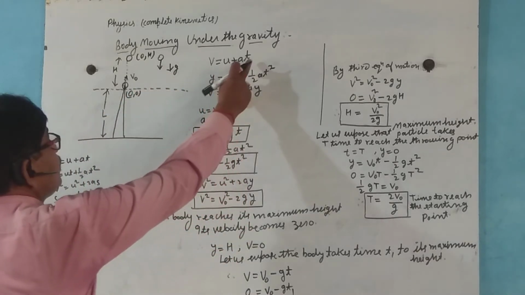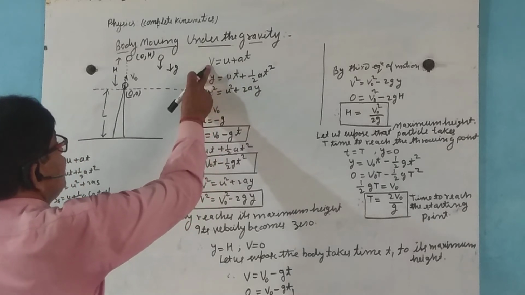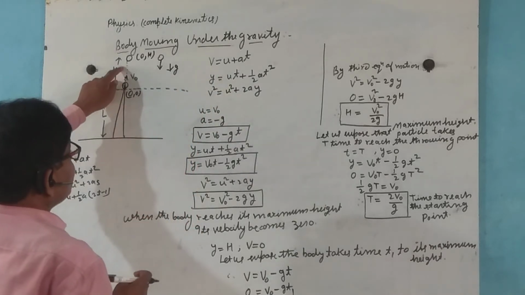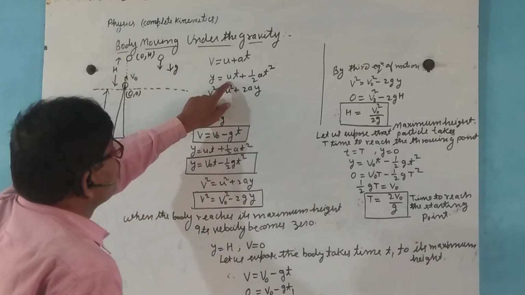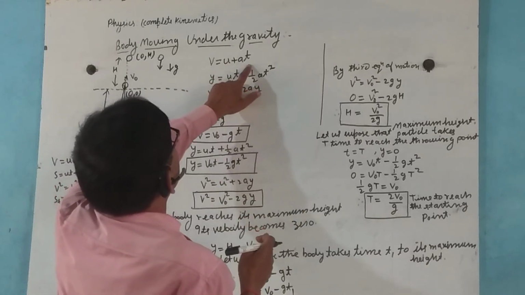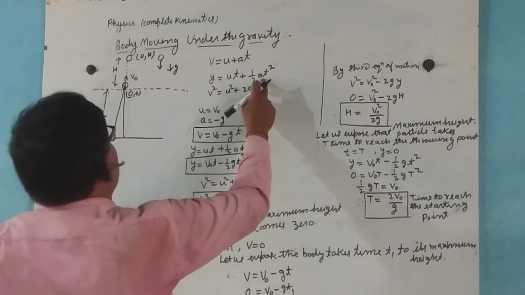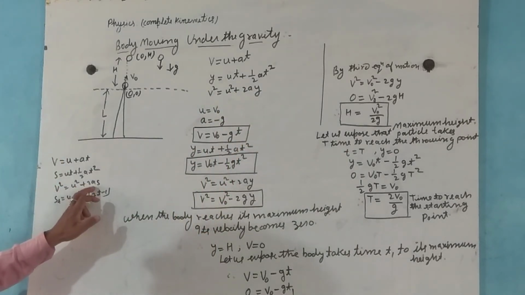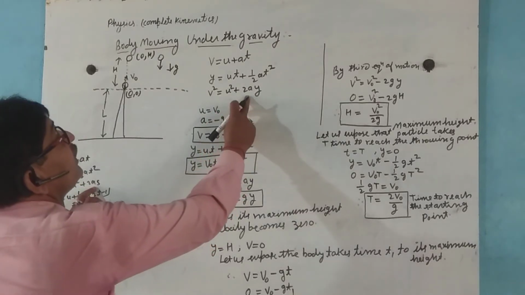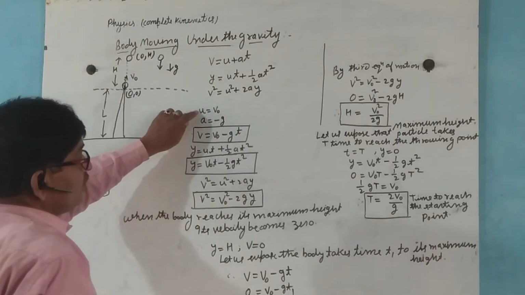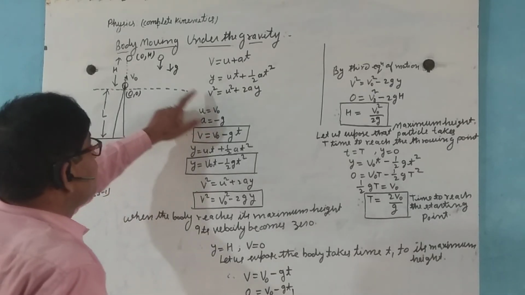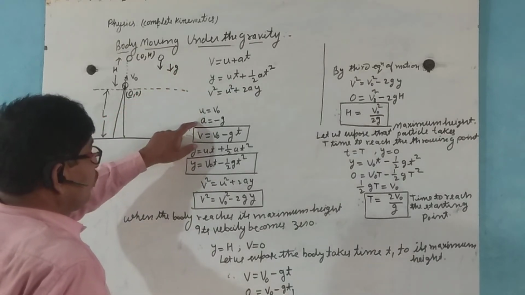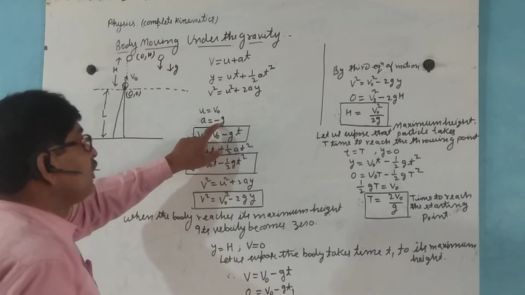V is equal to U plus AT, along the y axis, y equal to UT plus half AT square, and V square is equal to U square plus 2AY. Now U, the initial velocity, is represented here by V0, and A is equal to minus G because the body is thrown in the upward direction.